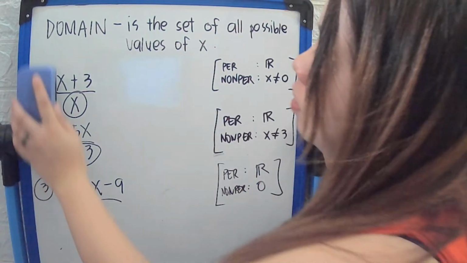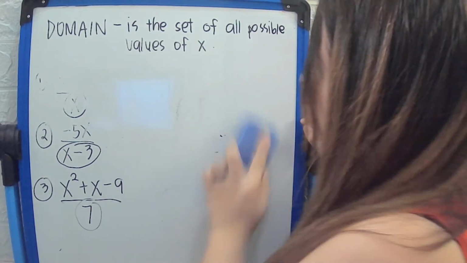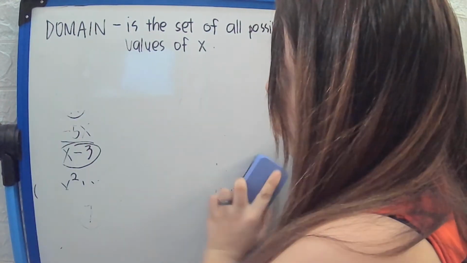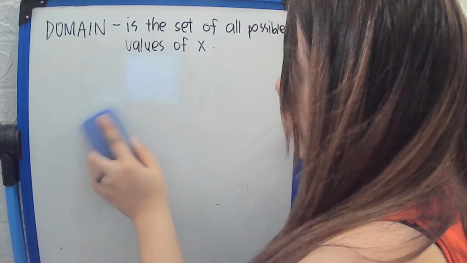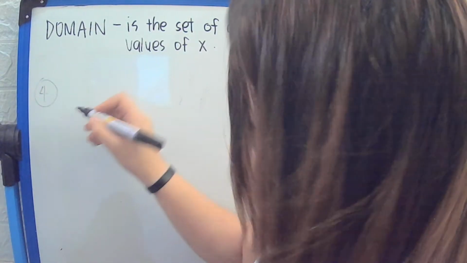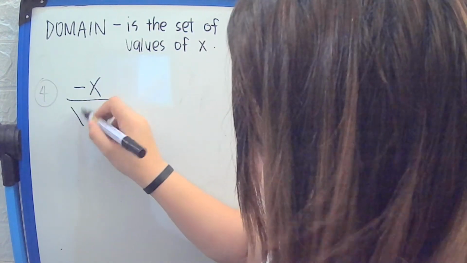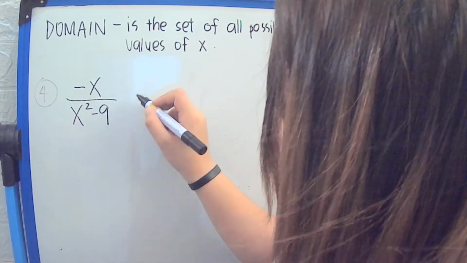Now, what if the denominator is like this? For example, let's say example number 4: negative x over x squared minus 9.